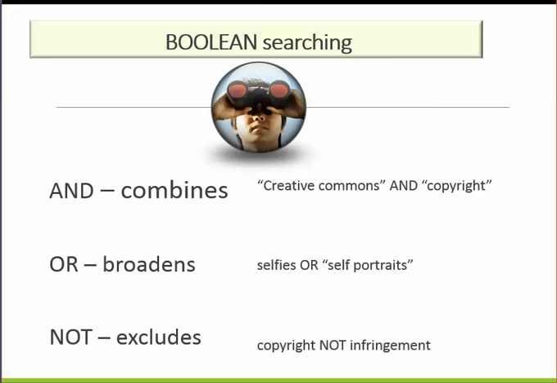And so the further apart these two words are from each other in the body of the text, the lower down on the result list they will appear. So that gives you an idea of how relevancy ranking works, that the more relevant articles, those that have Creative Commons and copyright perhaps in the title or abstract, will be presented first in the list of results.